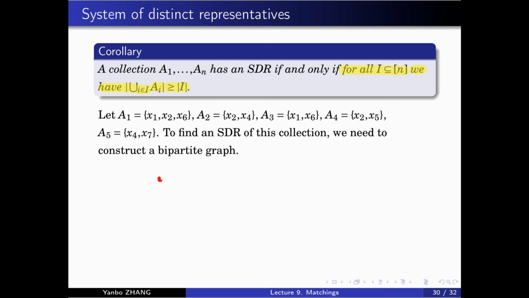So first we have one part with 5 vertices, 1, 2, 3, 4, 5 respectively. And the union of Ai is the other part. It has 7 elements from x1 to x7.